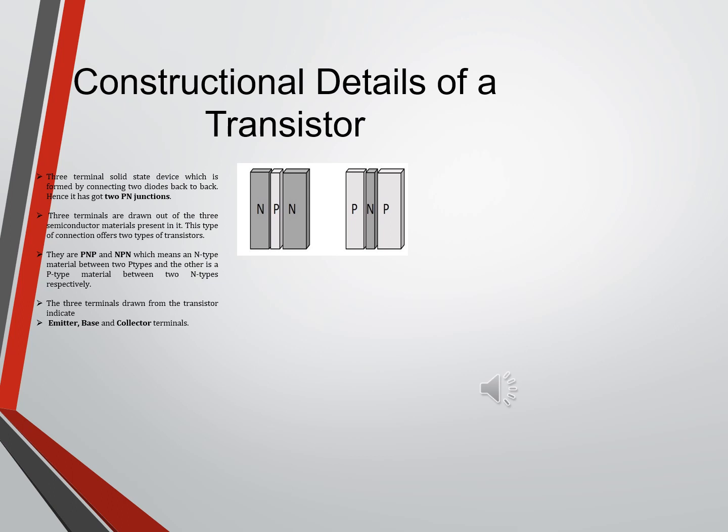It is a three-terminal solid-state device formed by connecting two diodes back to back. Hence, it has two PN junctions. We can call it PNP and NPN. That means N-type material between two P-types, and the other is P-type material between two N-types. The three terminals are the emitter, base and collector.